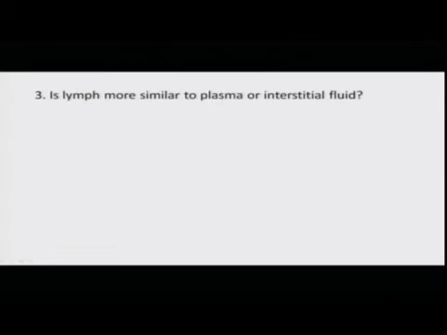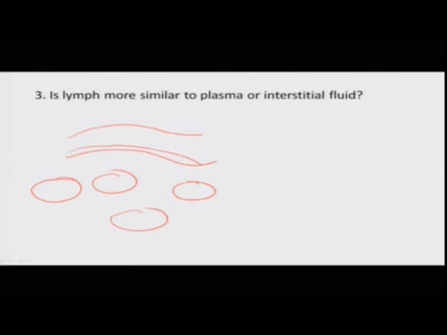The third question that I would like to ask you is, is the lymph fluid more similar to the plasma or to the interstitial fluid? To answer this question, you have to think about where the lymph is present. So, the lymph, as I told you, is present outside the circulation, the blood vessels.